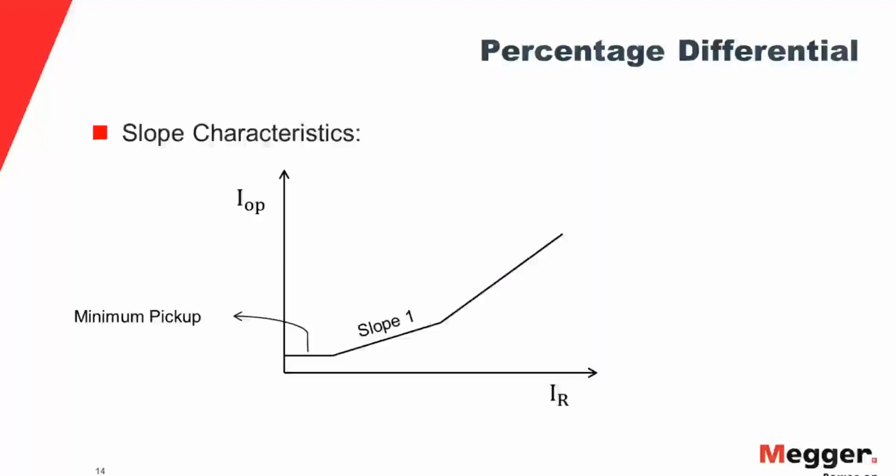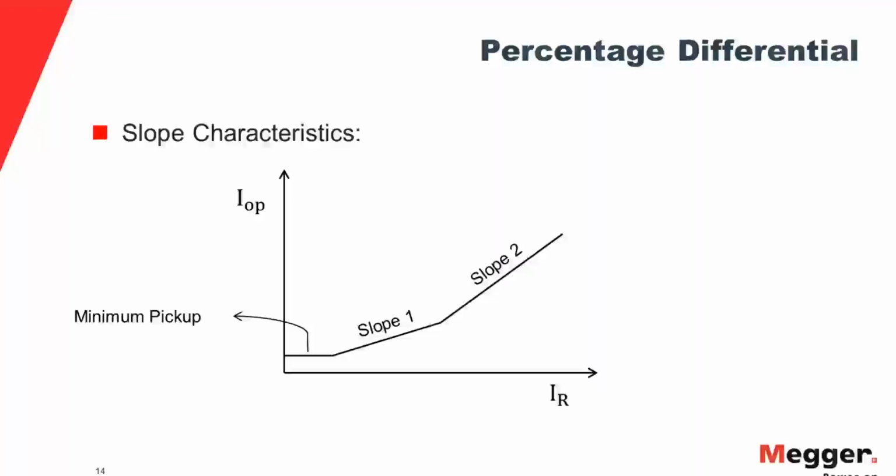So to prevent the relay from picking up those CT mismatches caused by the CT ratios, you need a minimum pickup. So this part right here prevents the relay from operating based on the CT mismatch current. And then you can have a slope 1. The typical value of the slope 1 is anywhere between 10 to 25%.